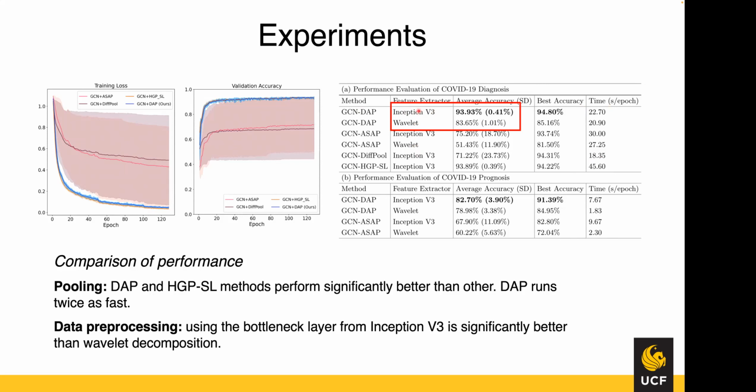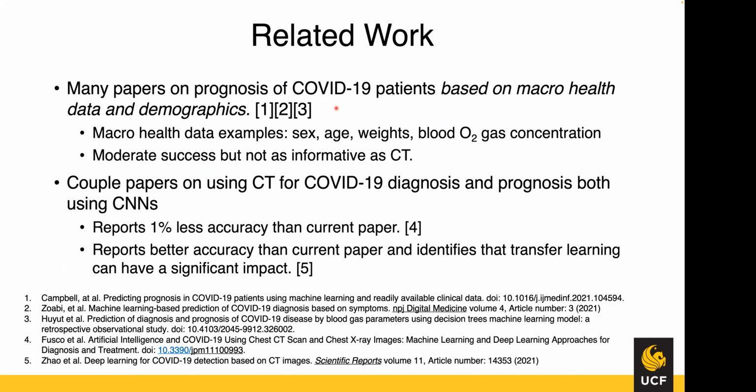Okay, now some related work. There are many papers on this, so I tried to condense them into some takeaways. The first approach is to try to provide prognosis just based on macro health data, stuff like your sex, age, blood O2 concentration.